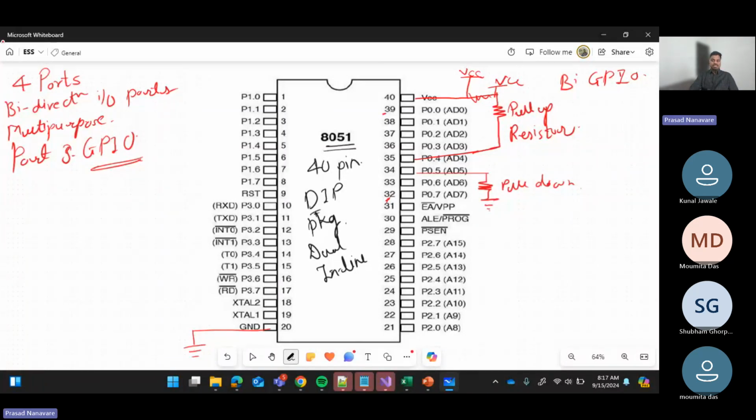Now you can ask me, what are AD0 to AD7 then? I told you about port 0 to port 7. These are general purpose input output pins, meaning you can make them input or output. That is what bidirectional general purpose input output means. But what are AD0 to AD7?